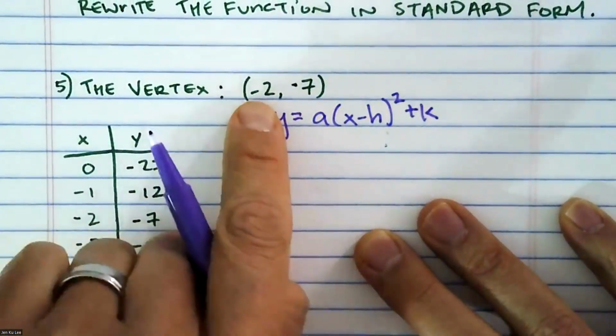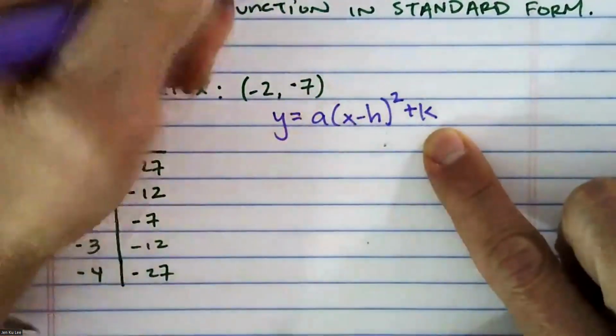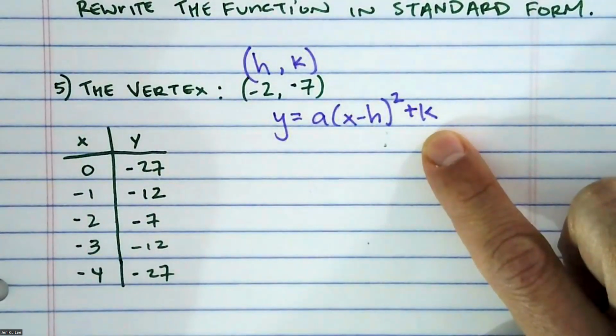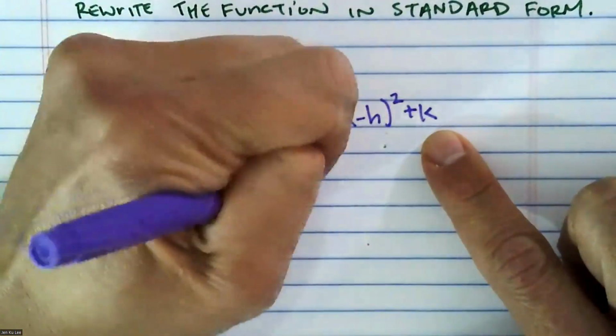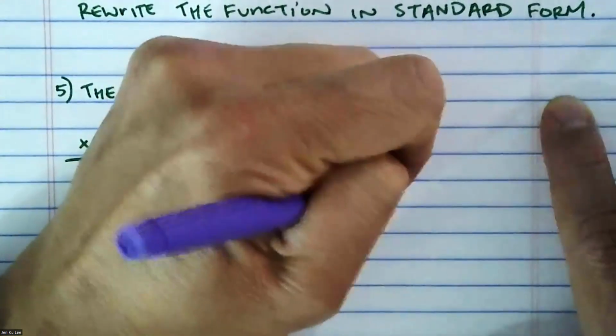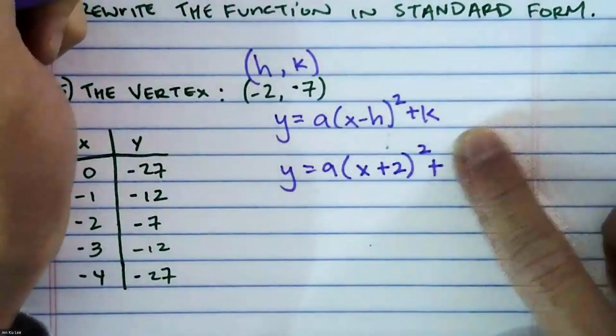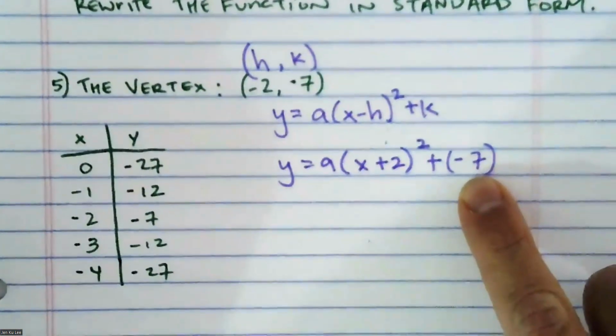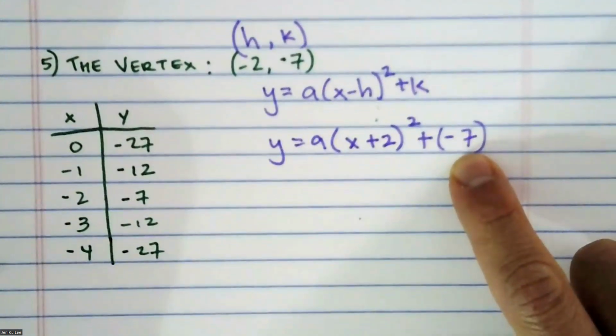So I can essentially just plug this in for h comma k, because this is my h comma k. My vertex is h comma k. Okay, so y equals a times (x minus negative 2), that's plus 2, quantity squared, plus negative 7. I should have just put negative 7, but it is what it is.